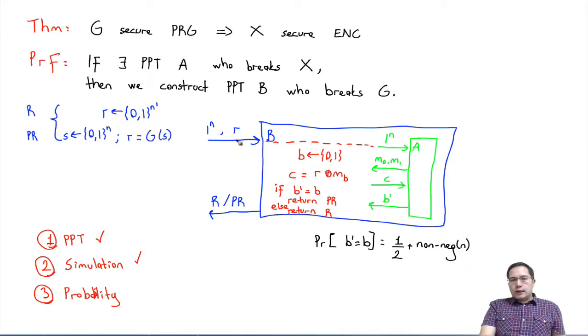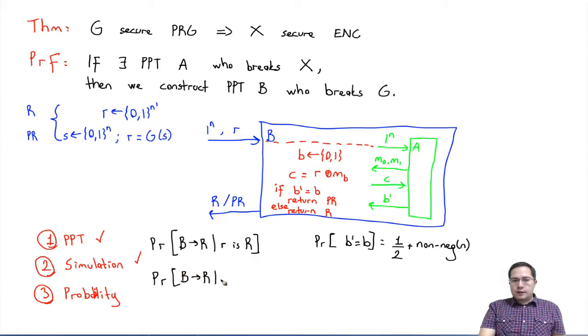So B outputting random, given that R was indeed random, so this probability, and this probability, B again outputs random, but now it is given a pseudo-random value.